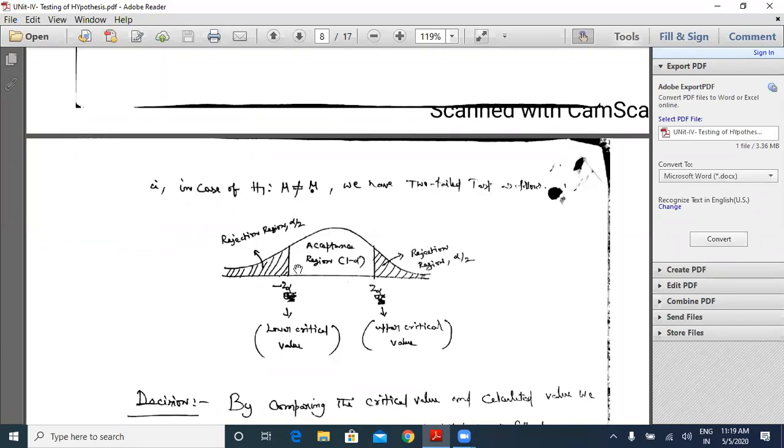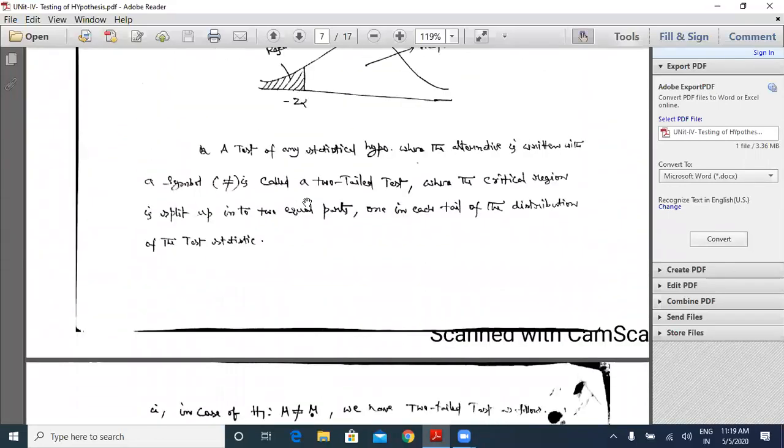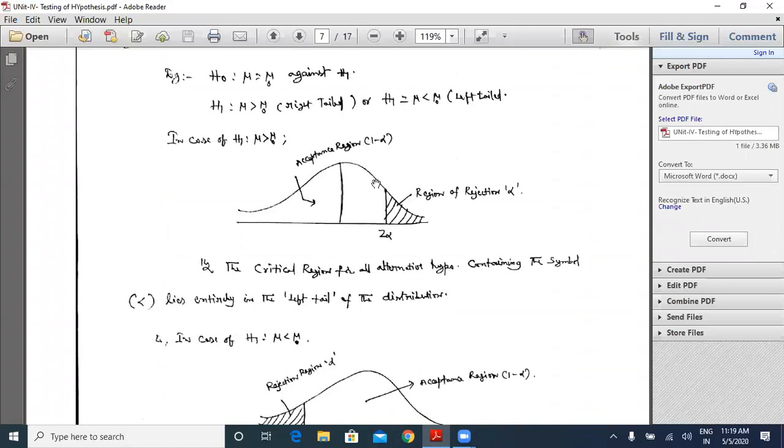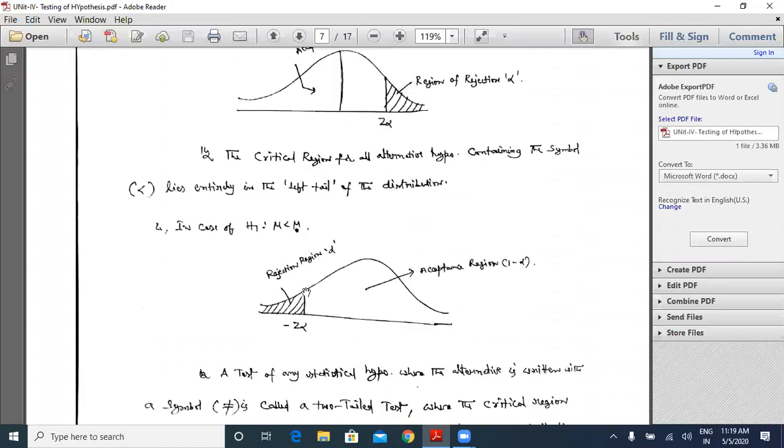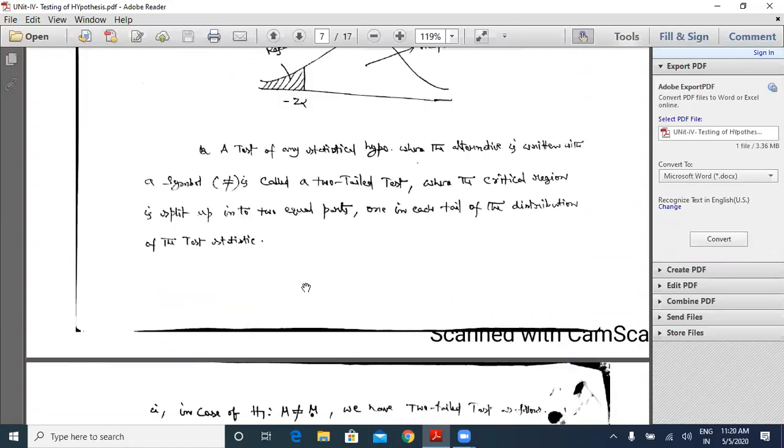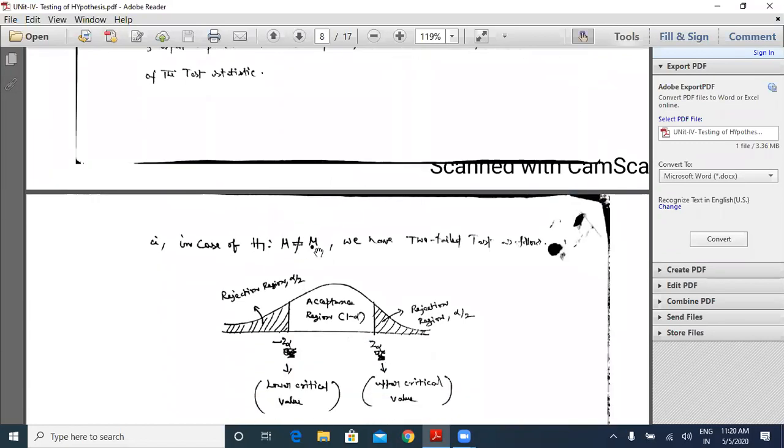So in case of H1 mu greater than mu naught, we will have a right tail test. In case of H1 mu less than mu naught, we can give left tail test. In case of H1 mu not equal to mu naught, we have a two tail test. In case of two tail test, this alpha is split into two parts, alpha by 2 here, alpha by 2 here.